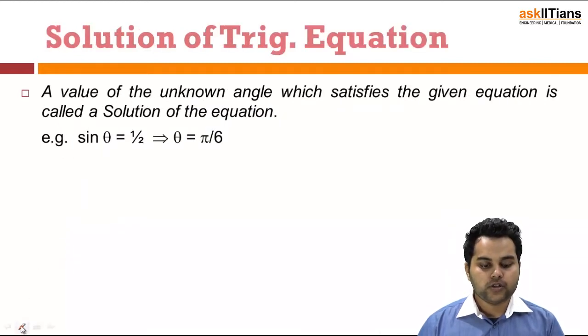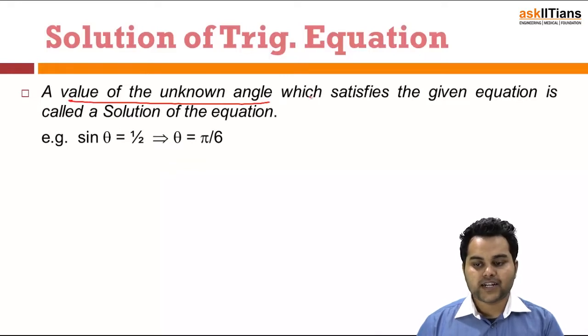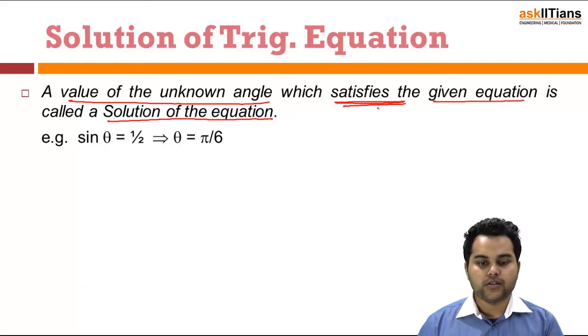Now, solution to trigonometric equations: we just discussed an example where you were supposed to find the angle with which you are flying the kite with respect to the horizontal, and you found it out using the two sides. So the value of an unknown angle which satisfies the given equation is the solution of the equation.